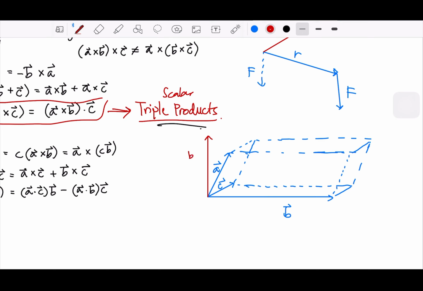So this will be B cross C. Okay, let's project the vector A onto this cross product. And let's say the length is h.